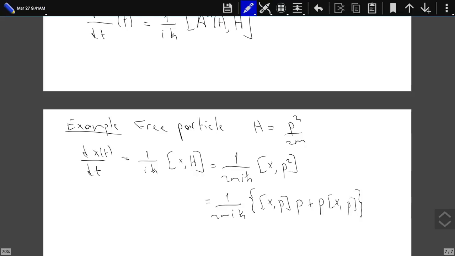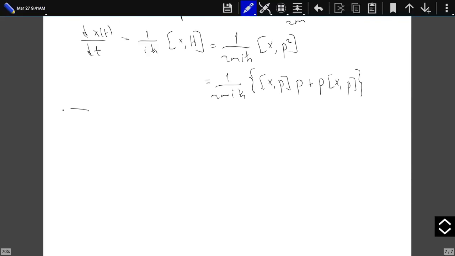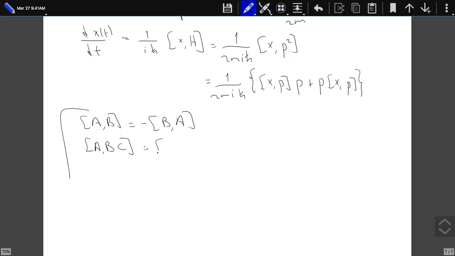Are you familiar with this commutator algebra? You see, the thing that I will be using quite often for commutators is that the commutator of A and B is minus the commutator of B and A. The commutator of A and the product BC is the commutator of A and B multiplied with C, plus B times the commutator of A and C. This is the second one that I have used in the second line.